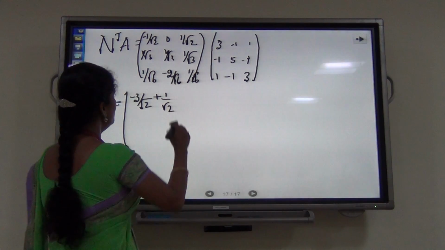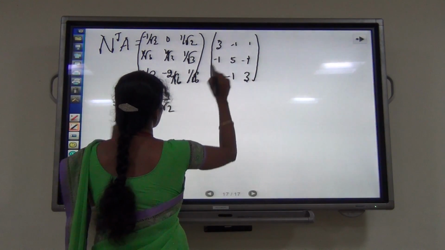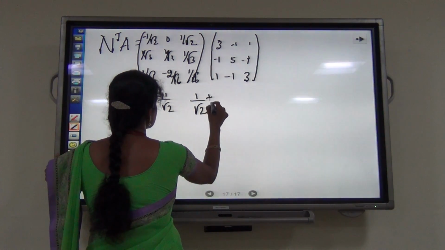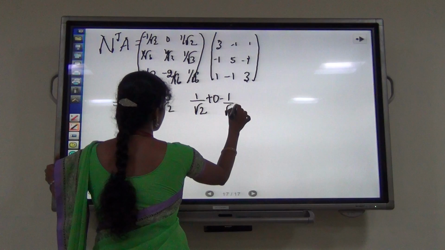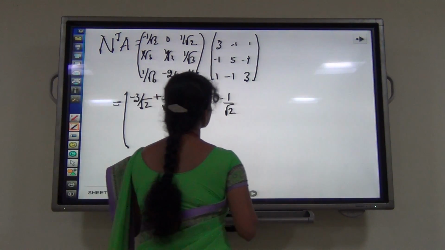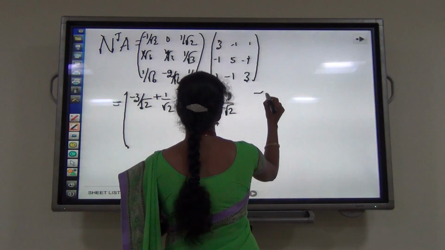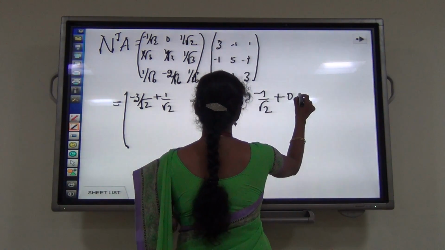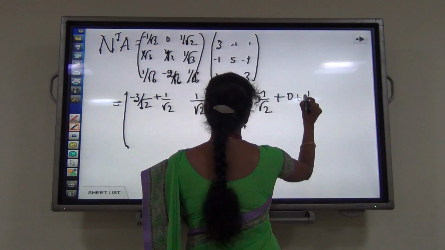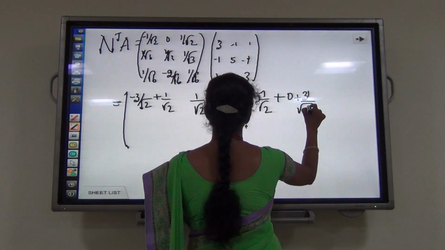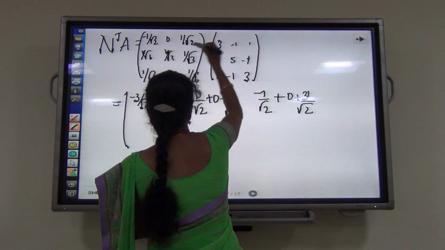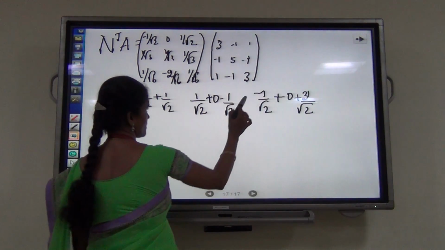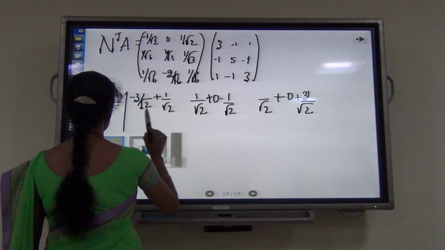Then first row with the second column: plus 1 by root 2 plus 0 minus 1 by root 2. And the first row with the third column: minus 1 by root 2, 0 plus 3 by root 2. This is minus 1.